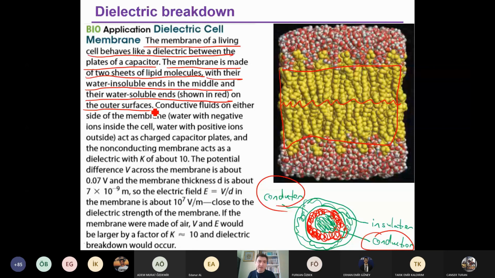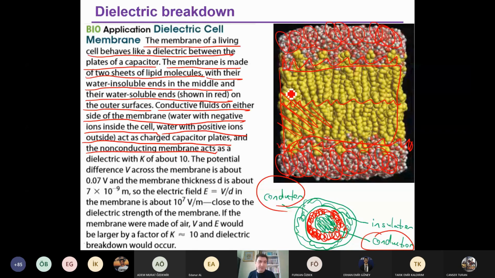Conductive fluids on either side of the membrane, water with negative ions inside the cell and water with positive ions outside, act as charged capacitor plates. Just consider these parts are charged capacitor plates, and the non-conducting membrane, this yellow part, is a dielectric insulator. It does not conduct electricity.